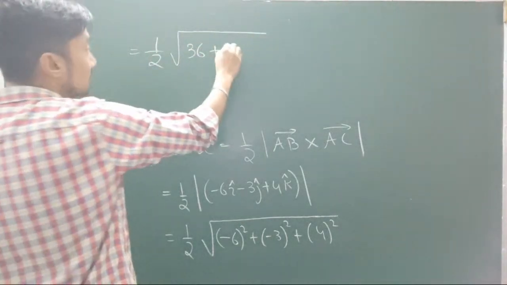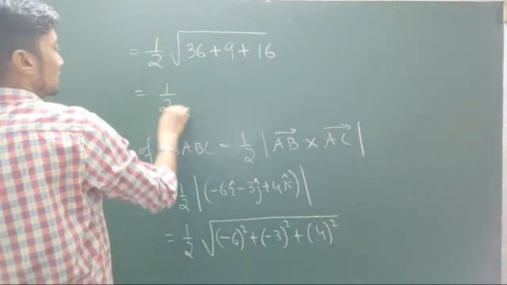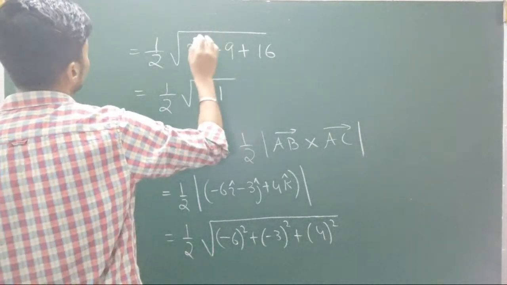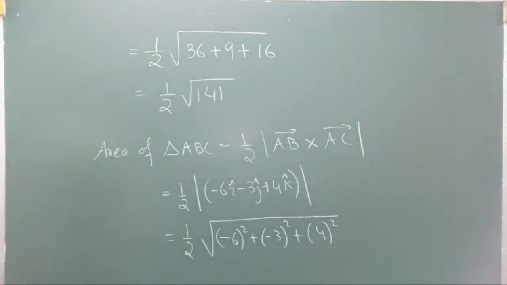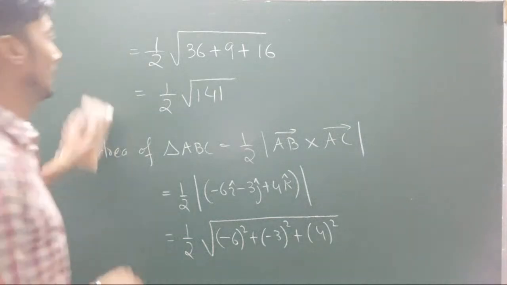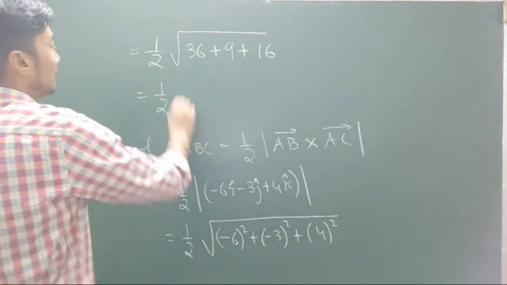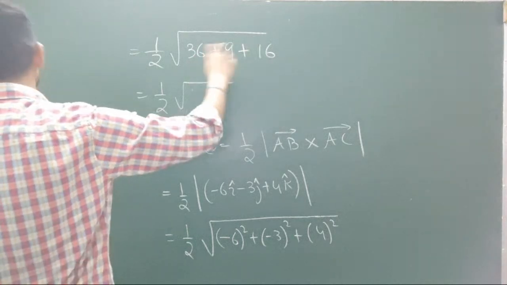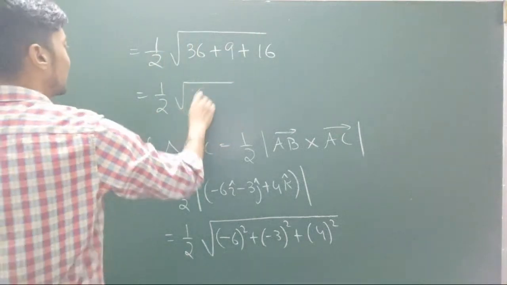36 plus 9 plus 16. Let me add that again. 36 plus 16 is 52, 52 plus 9 is 61.